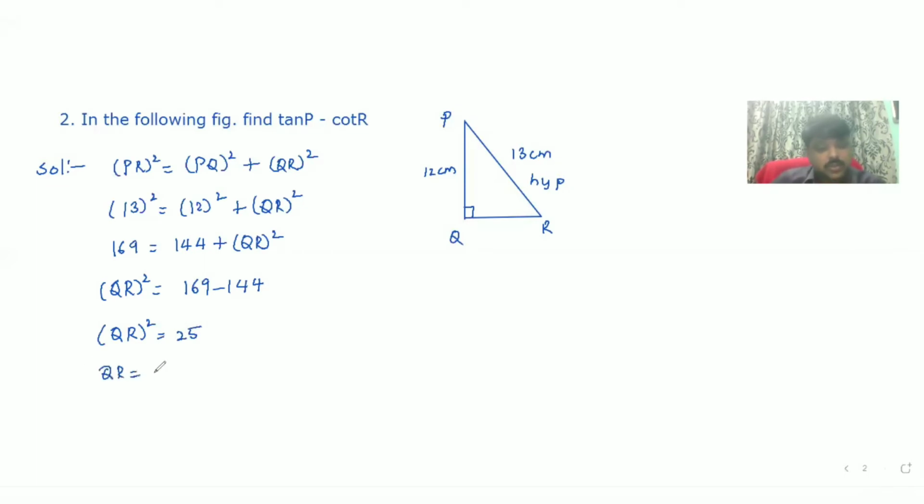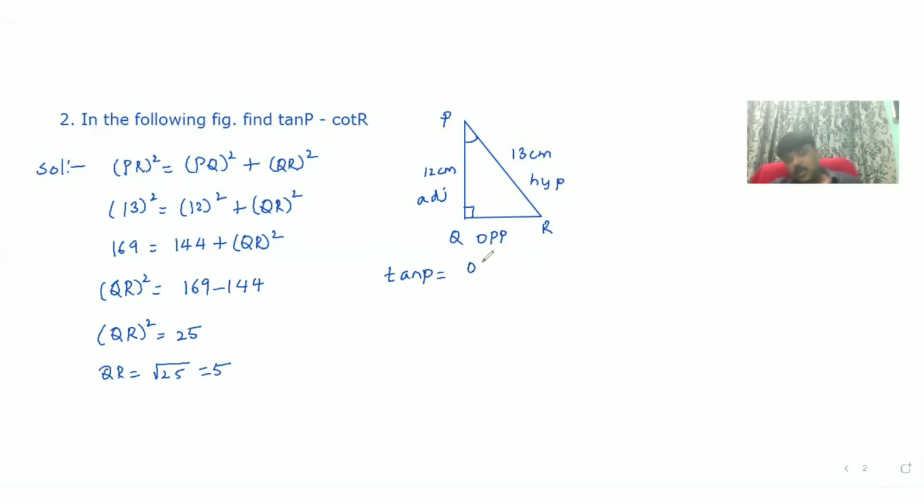QR equals the square root of 25. We got its value as 5. Now, he asked us to find the value of tan P and cot R. For angle P, the side opposite becomes QR and adjacent is PQ. Let us find tan P.